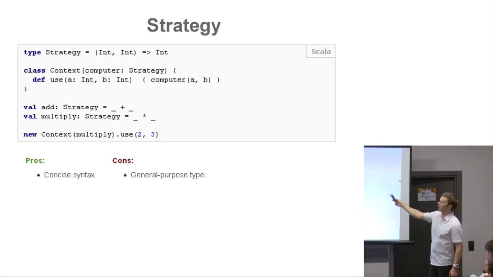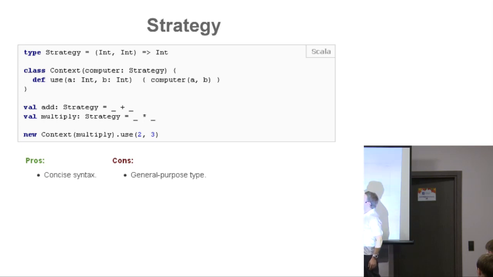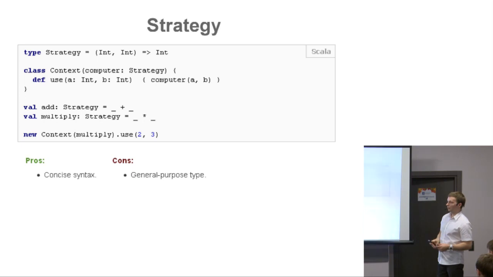And we have a type alias Strategy that is just a convenience, and we can avoid it and use functional types. So here's a type of functions that takes two integers and returns another integer as a result.